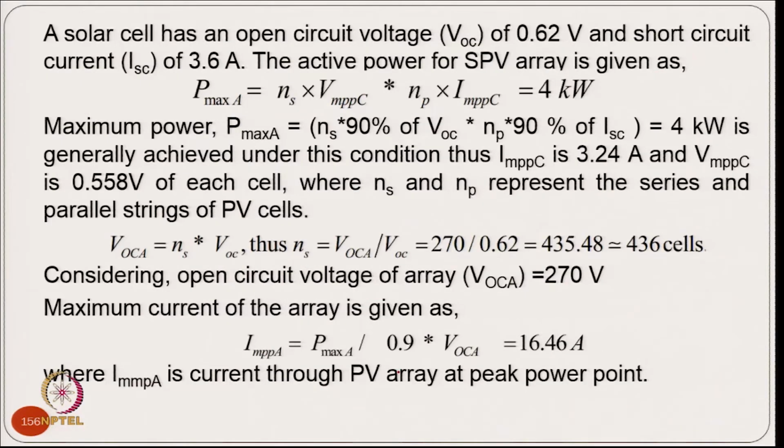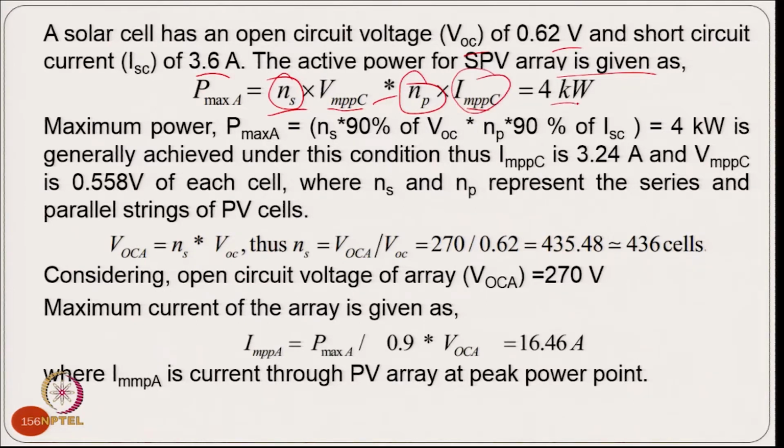Now, each solar cell has an open circuit voltage of 0.62 volt and 3.6 ampere of short circuit current. The active power is equal to the number of series connected cells into the maximum power point voltage of one cell, into the number of parallel strings, into the maximum power current.